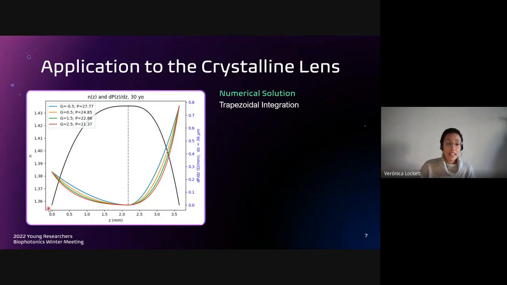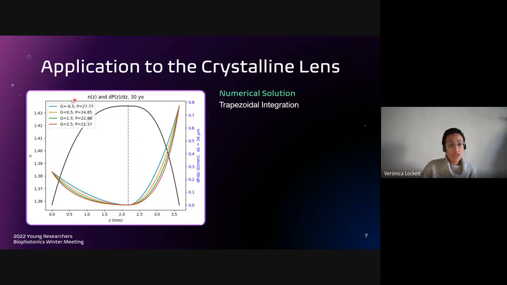Here this black solid line shows the index on the axis. From the outside in, this will be the anterior surface, that will be the posterior surface, and that will be where we determine the thickness of the anterior and posterior to be. So this is where on the axis, this is the anterior side and that's the posterior.